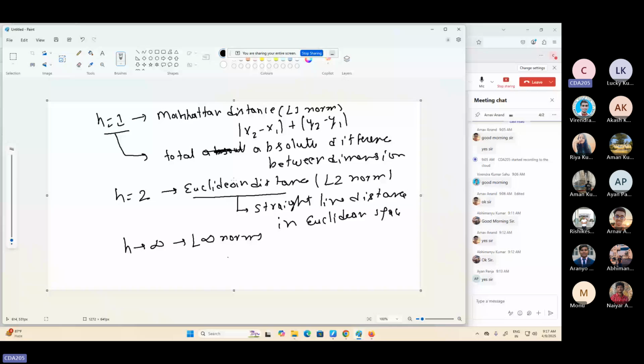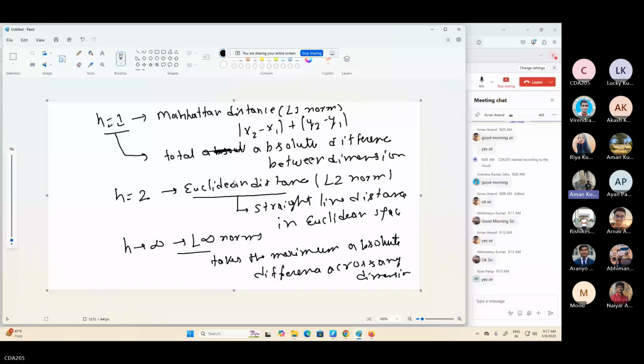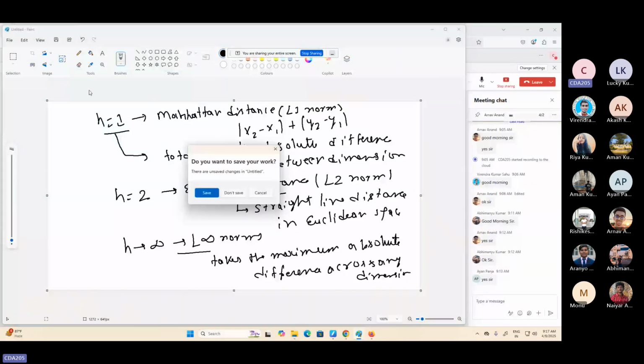It takes the maximum absolute difference across any dimension. Okay. These are the interpretations. Now how to choose h?